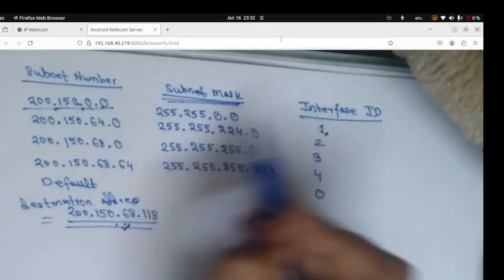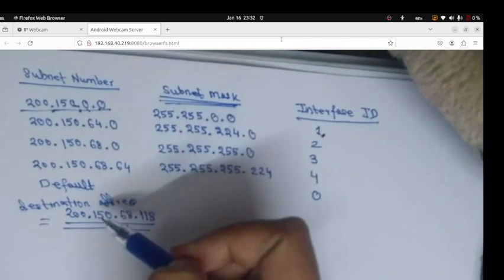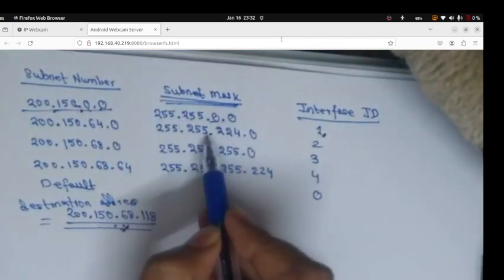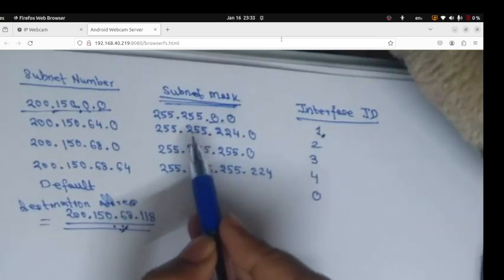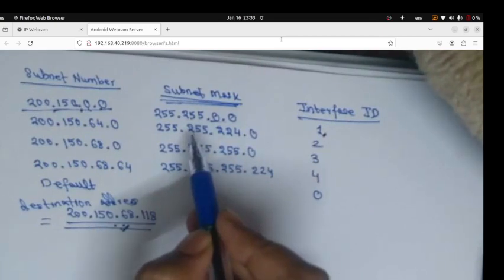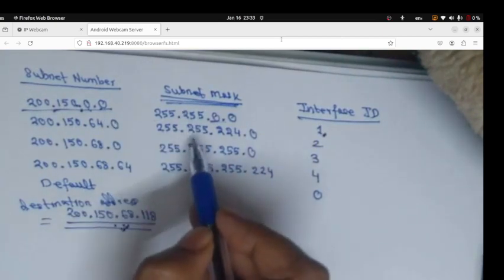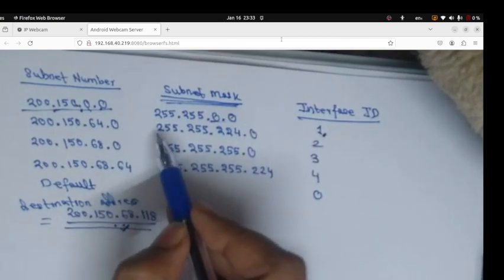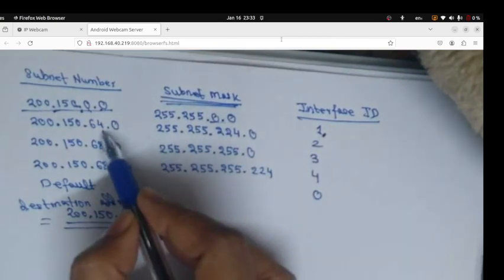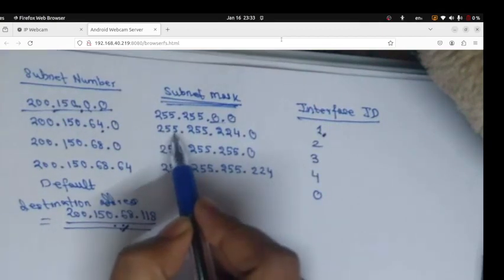Now you see, for every network the mask can vary or may be similar. For each particular network, a different mask is given, and to find out whether the destination address matches this particular network or not, we have to do the bitwise AND operation between the corresponding mask and the destination address.